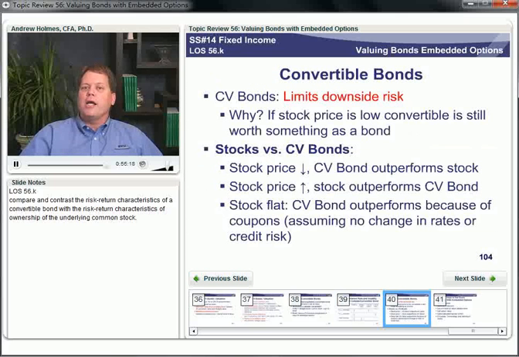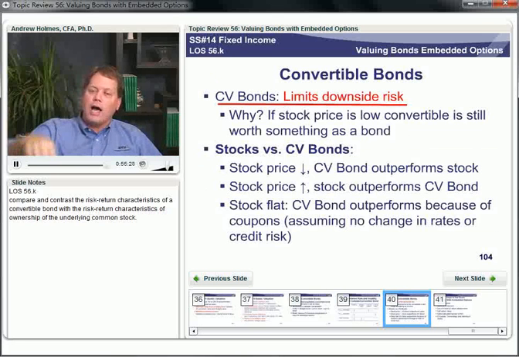So the point here is the value of the convertible bond limits downside risk. If we're choosing between the two, we can buy the convertible bond or we can buy the stock. If you buy the bond and the stock goes in the toilet, well then you still have the bond value. So if you buy a convertible bond and the stock price is constant or goes down, the convertible bond will outperform the stock.